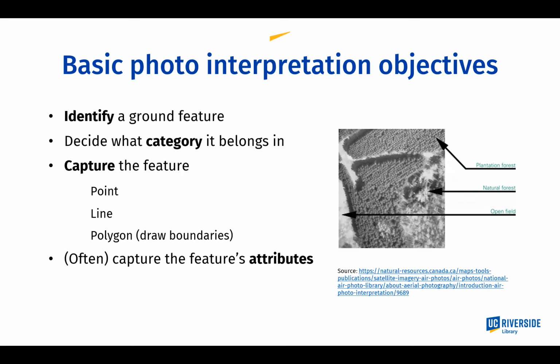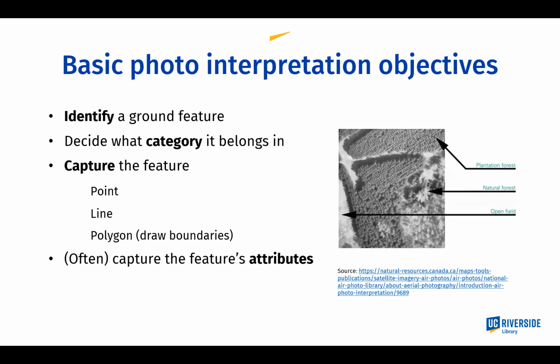And then often a photo interpretation project will involve not only capturing something, but then also extra information about what it is. And we call that the attributes of a feature. So in this example, it's kind of old school from Canada. On the right-hand side, you see that they've identified a plantation forest, a natural forest, and an open field.